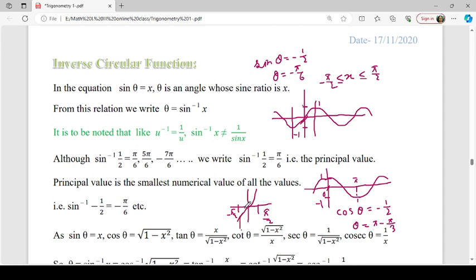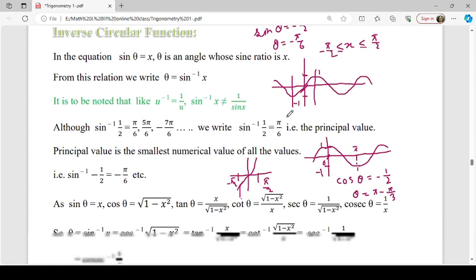So we consider the fourth quadrant and the first quadrant. For sine also we consider the fourth and first quadrants, but only for cosine we consider the first quadrant and the second quadrant. So this is the way to write inverse values.